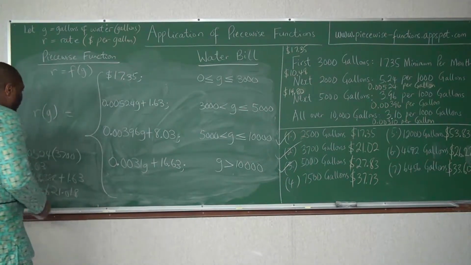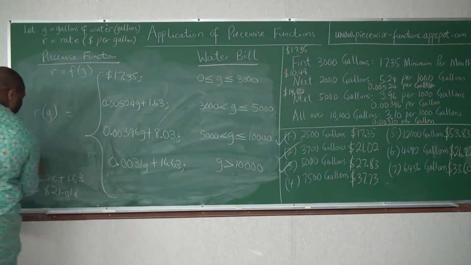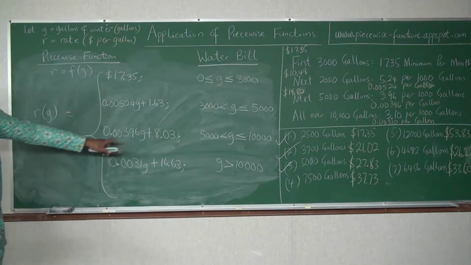Now, for 7,500 gallons, we use this piece, it falls here.